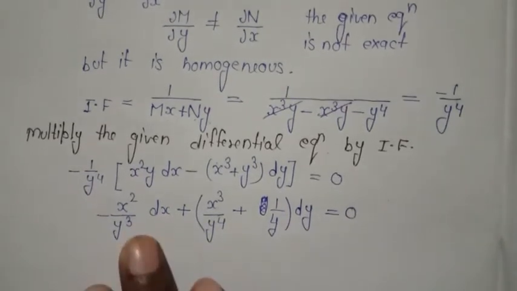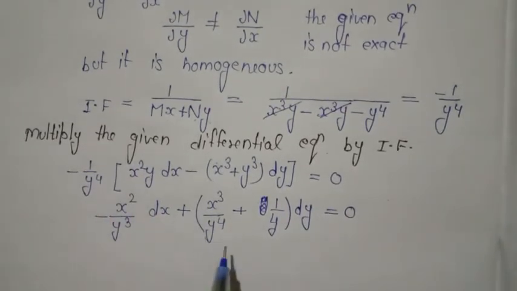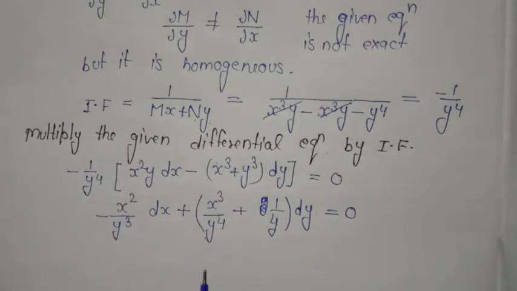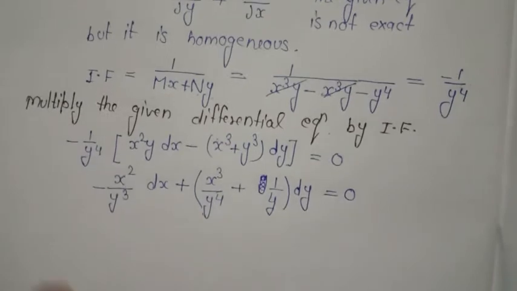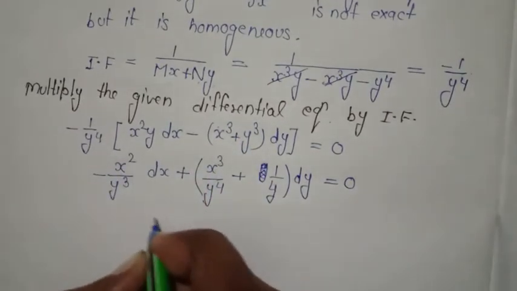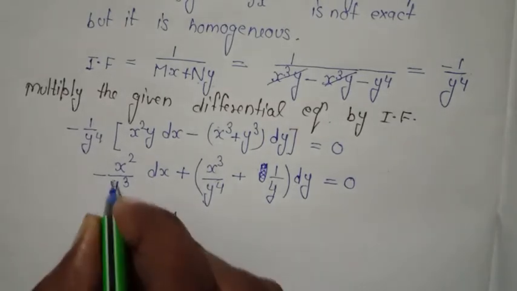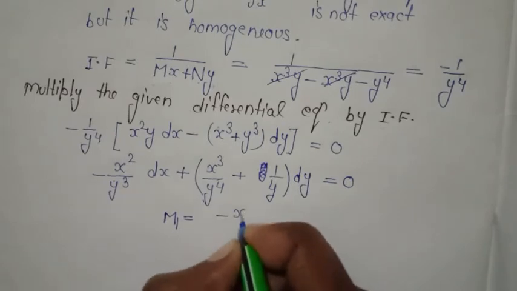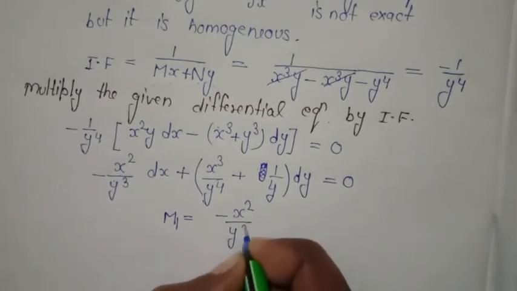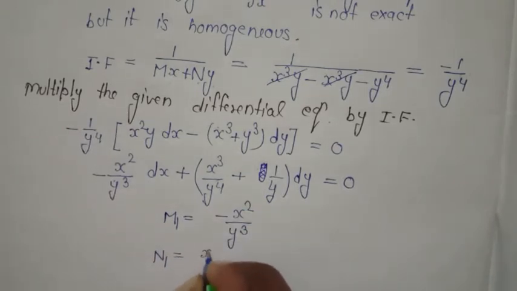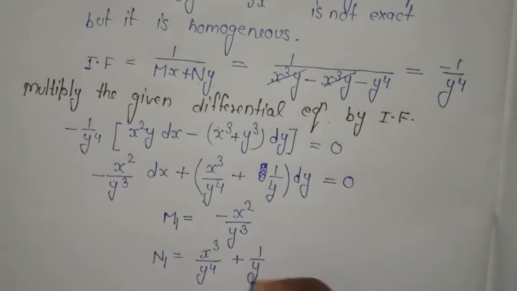So now you can check, this got reduced into the exact differential equation form after multiplying with this integrating factor. I am going to check to show you that this equation got reduced into the exact form. Now here you can check, the new M is here. I can write it as M1. Then M1 is equal to minus x square upon y cube. And this N1 is equal to x cube upon y raised to power 4 plus 1 upon y.